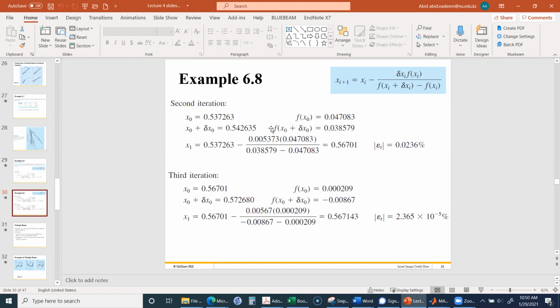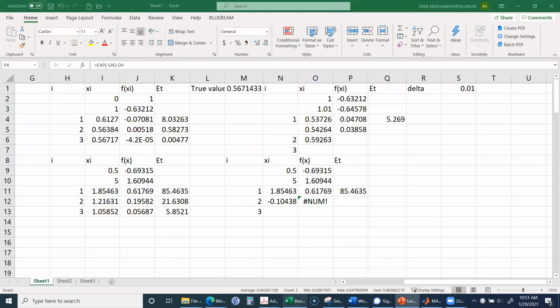So delta x naught is basically this value, that is 1% of this value. In this case, I made the mistake. Okay, so it is delta times xi. Delta times xi. So that's why the value is not correct. So I think I need to correct this value.